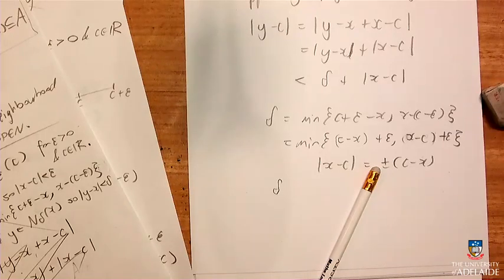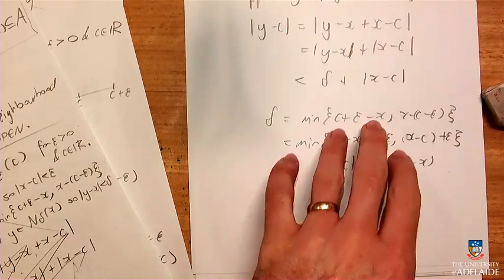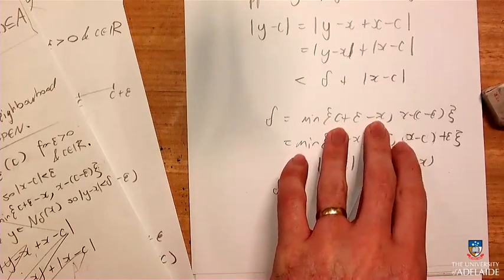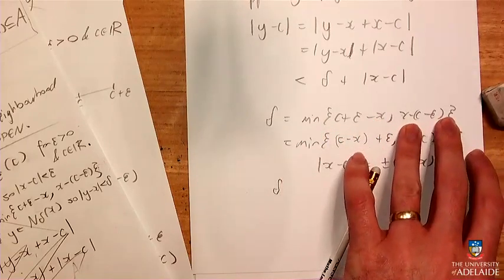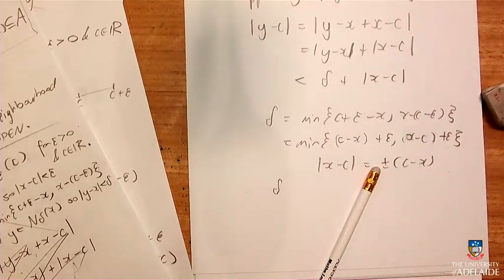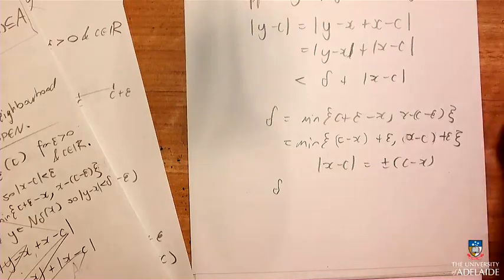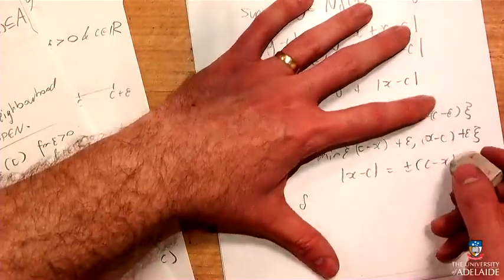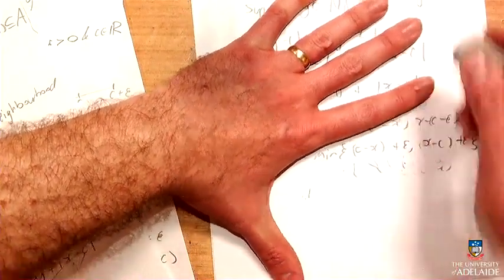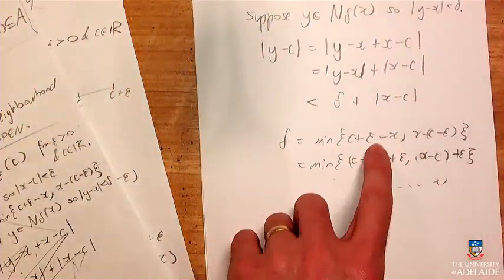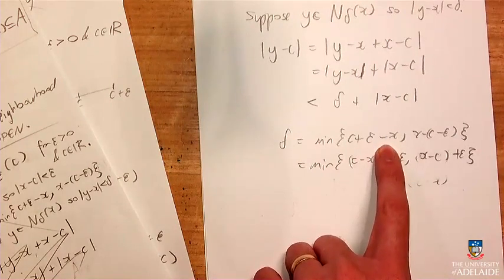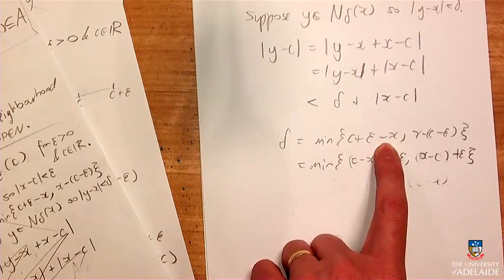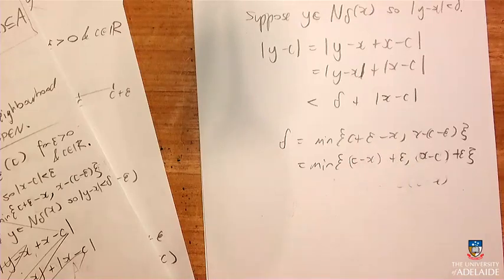No, it's all right. So this one happened when x was less than c, and this one happened when x was more than c, didn't it? Yeah, if we're focused on that. So this one is saying that this is the distance above. No, I thought I had it.